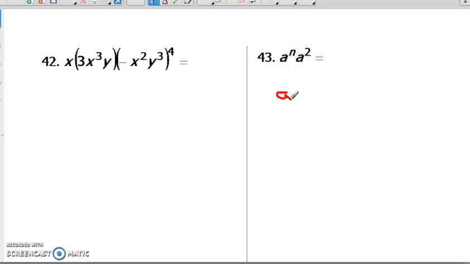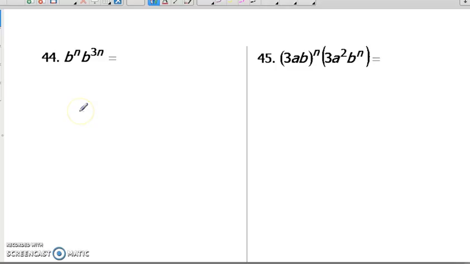I do my product of a power rule, and it tells us to add them. So a to the n plus 2. That's it. So even though we have different exponents in terms of one being a number and one being a variable, we can still add those together, and this is simplified. A to the n plus 2.